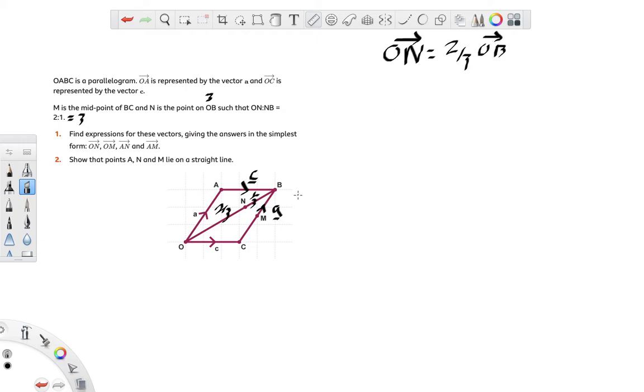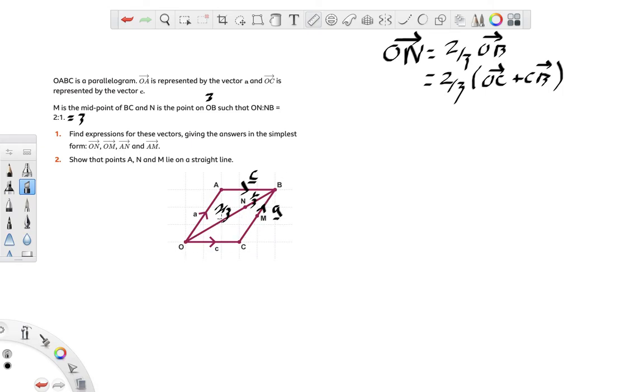So we need to define a path using vectors from O to B. Well, how do we do that? Well, it would be 2/3 of O to C plus C to B. So where did that come from? Well, we need to get from O to B, so we'll go that way and then that way.